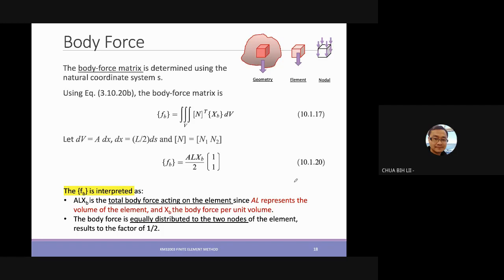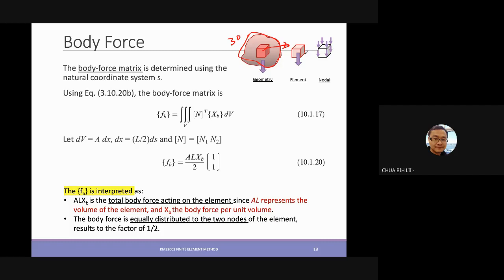But internally, what they actually do is, let's say we use a three-dimensional object here to visualize a body force. So this is your three-dimensional object. Internally, you can break out one small cube, and we call this an element.